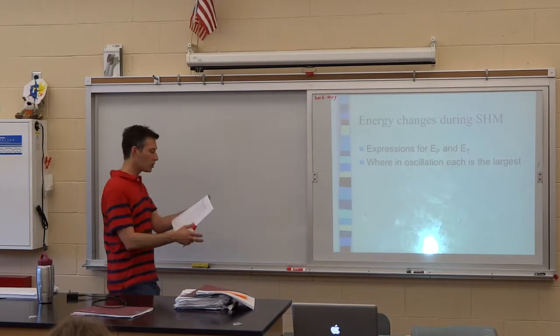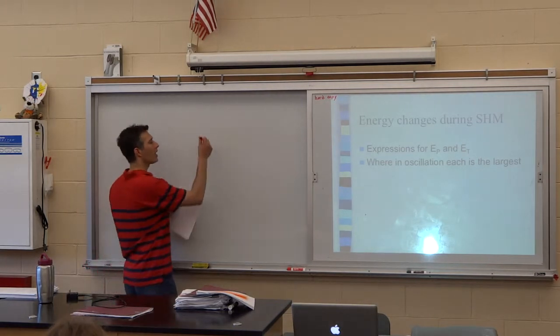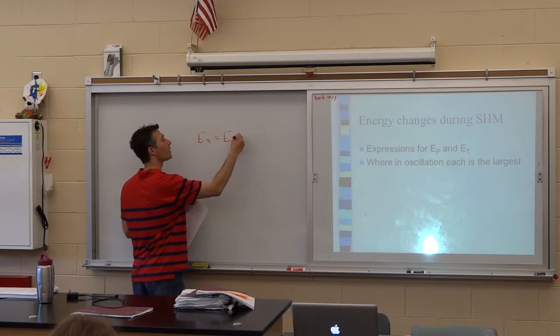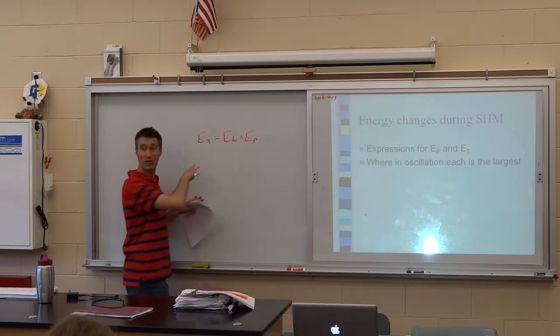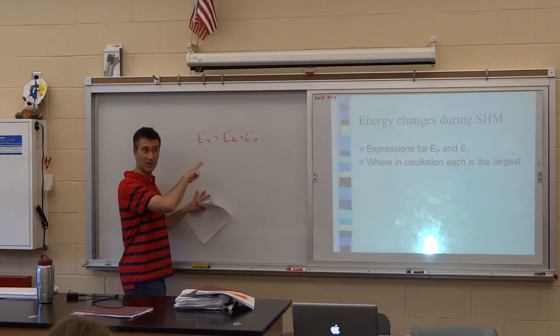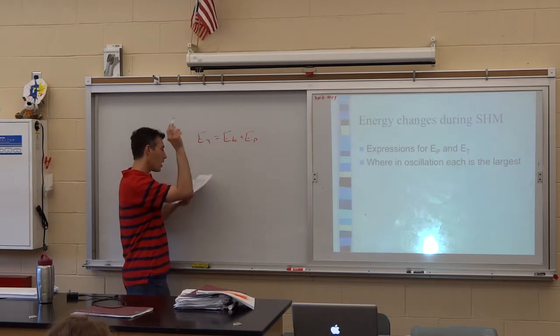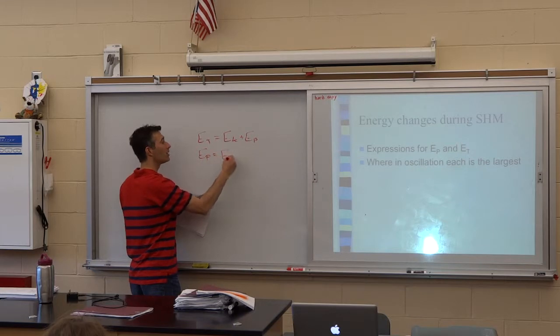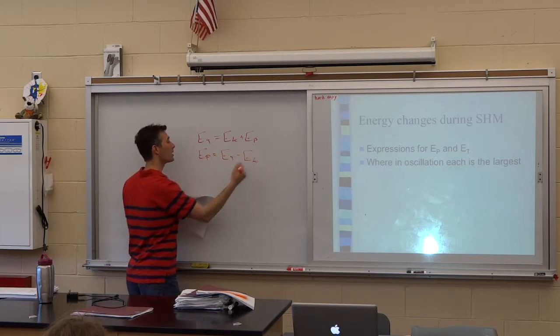I suppose you could be a little bit clever and recognize that the total energy should be the sum of the kinetic and potential, just like we said last class for satellites. And that means that potential energy would be total minus kinetic.